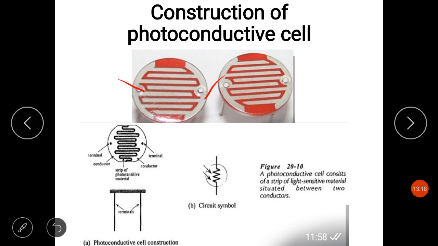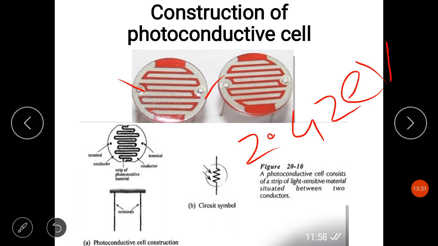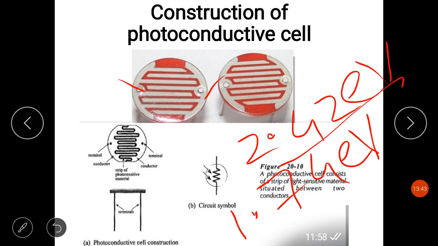There are two common photoconductive semiconductor materials: cadmium sulfide, having a band gap of 2.42 electron volt, and cadmium selenide with a band gap of 1.74 electron volt. As you can see, the band gaps are large.